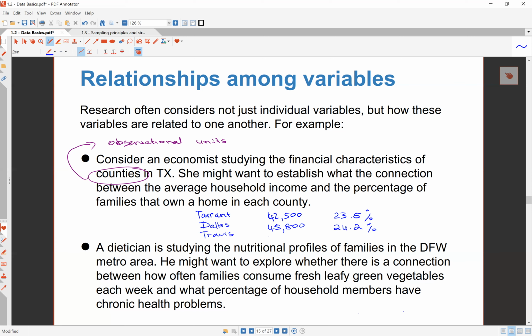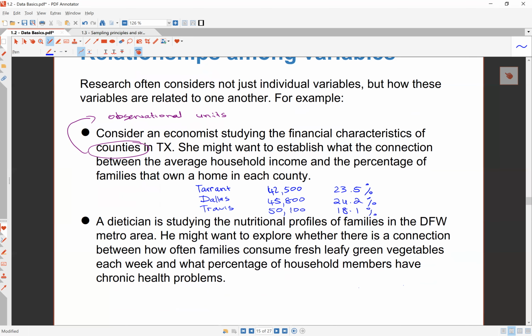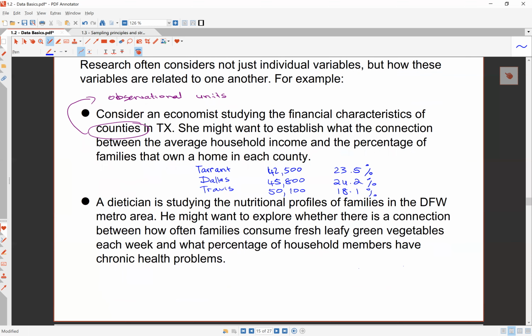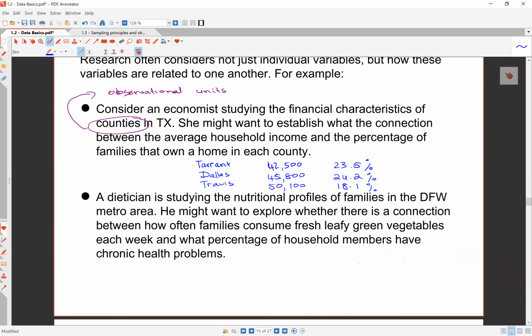Well, Travis County, maybe the average household income there is 50,100, but only 18.1% of families in the county own a home. But so the relationship doesn't have to be perfect. It doesn't mean higher income always leads to more home ownership, but there could be a correlation between them.